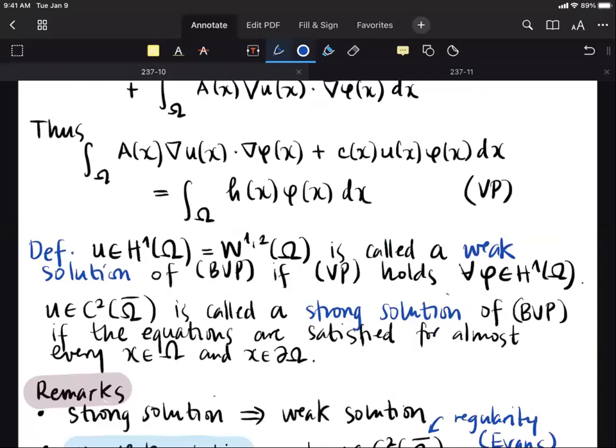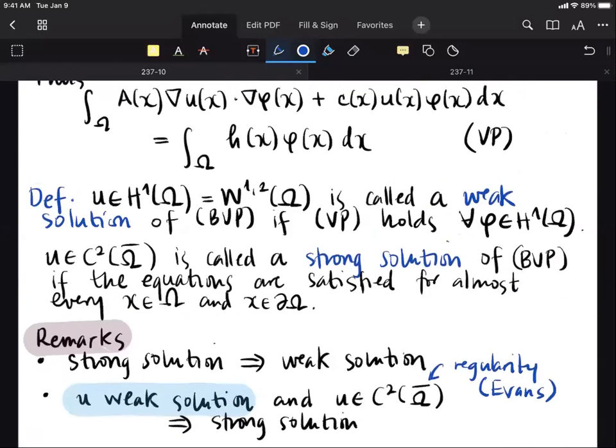Once you have presented the basis, you can now write this variational problem in the finite dimensional setting as a matrix equation. So this idea of weak solutions is very useful in the numerical approximations for this type of problems.